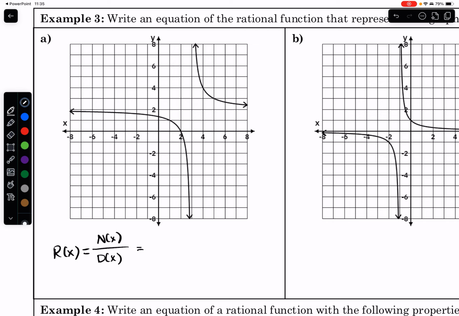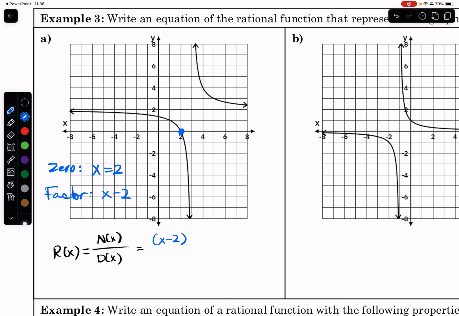And I see here that I cross my x-intercept at 2. So I know that x equals 2. And since x equals 2 is my zero, my factor is going to be x minus 2. So I know my top is going to be x minus 2.